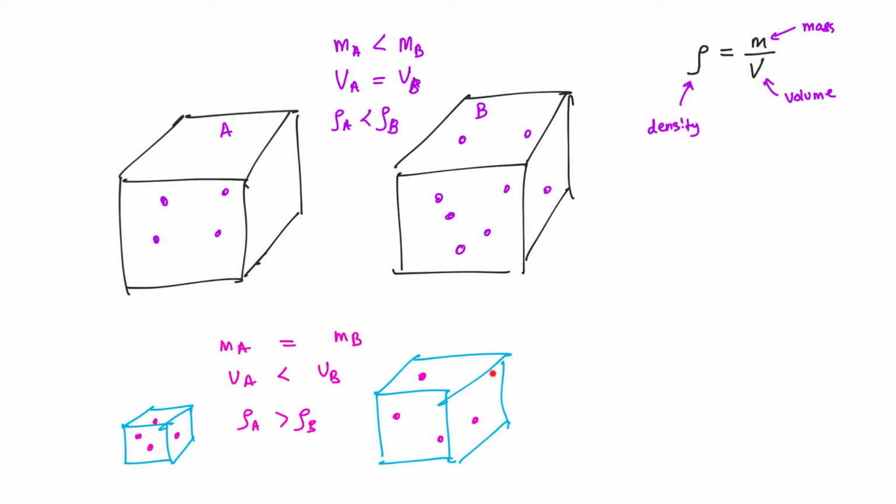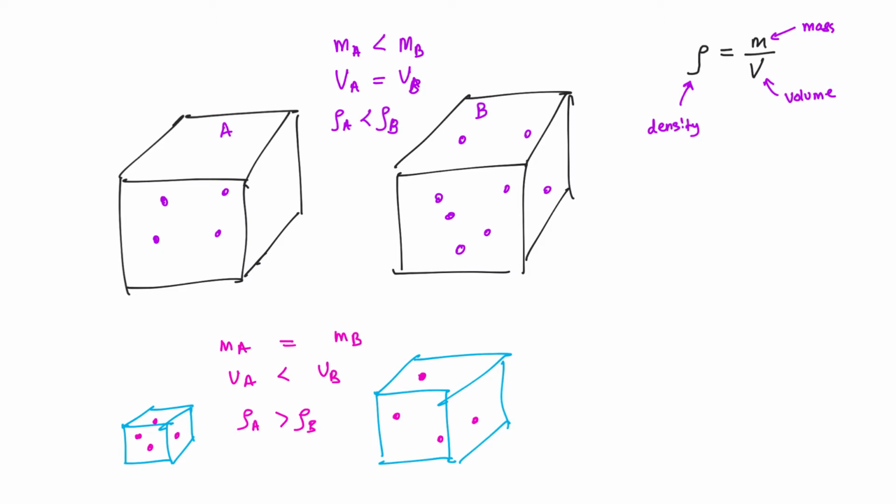You can see as the volume is increasing, the spacing between all of these particles gets larger, and the density of it actually gets lower, meaning that the same amount of mass is concentrated in a larger volume here compared to this one, where the same amount of mass is concentrated into a smaller section.